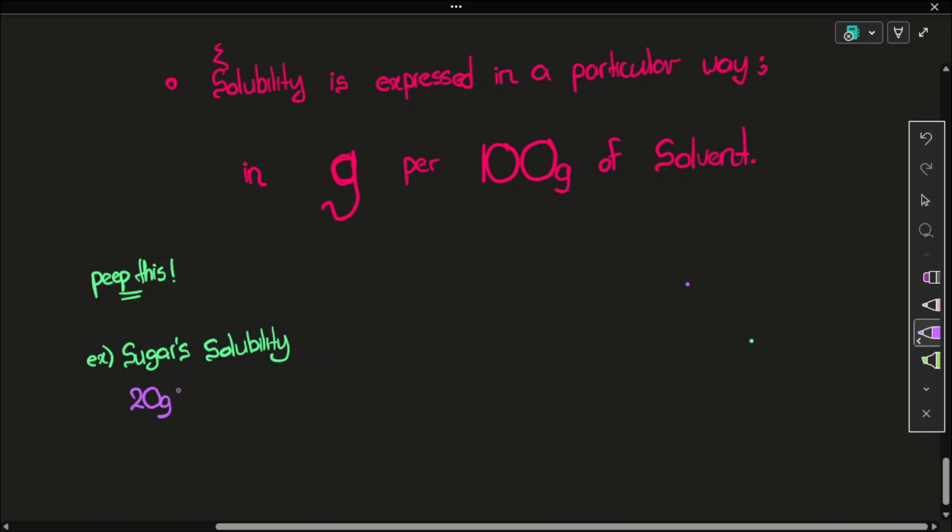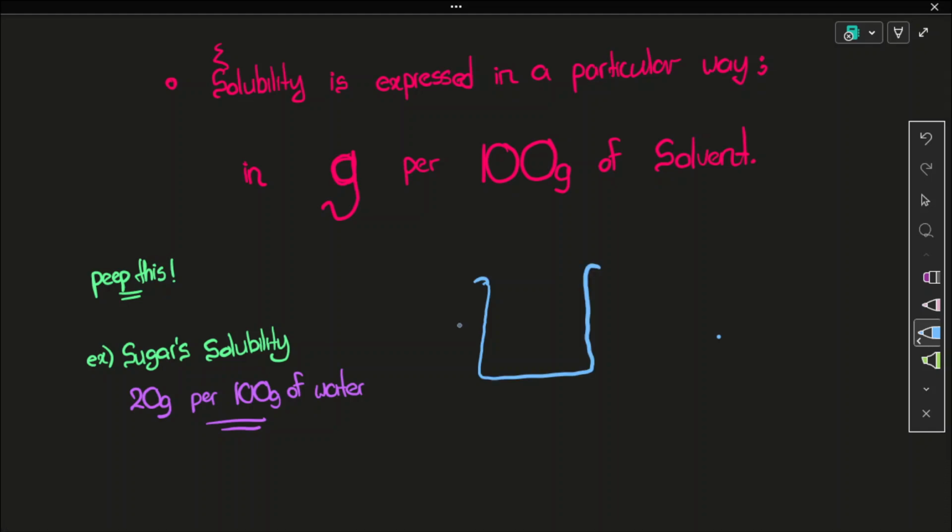Let's say I have a simple day-to-day beaker, and I have water inside it. This is our solvent. Now, how much water do I have? I have 100 milliliters. When I say 100 milliliters, it's really easy to wrap your head around this, right?